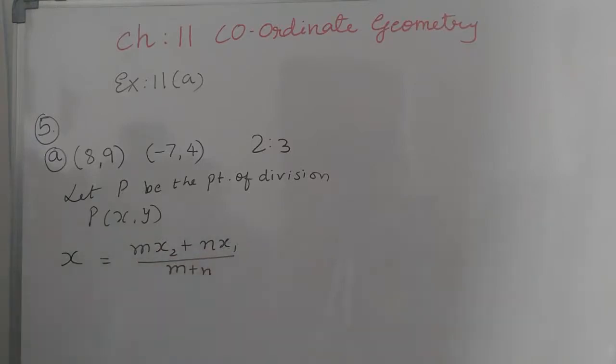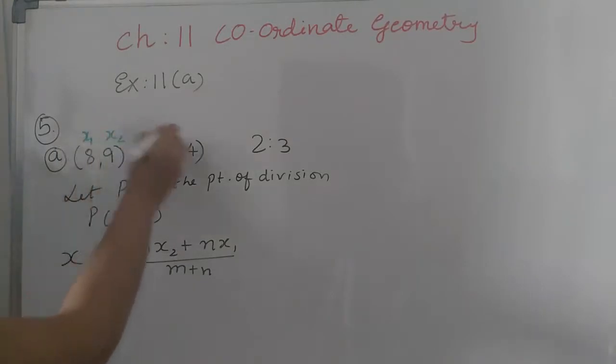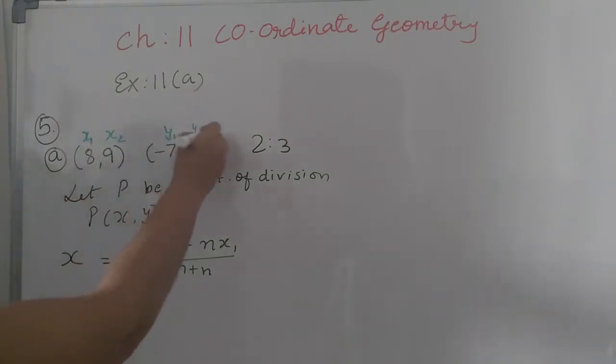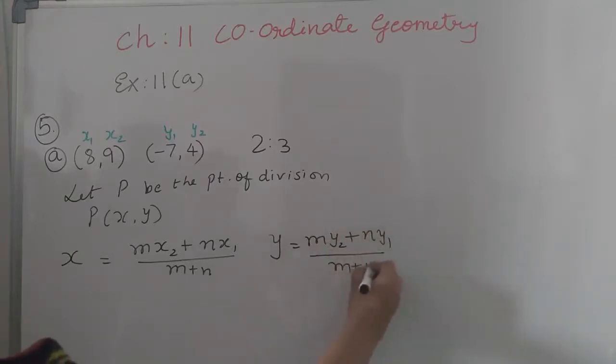Here m and n are the ratios and x1, x2 are the coordinates. These are the coordinates x1, x2 and these are y1, y2. And for the y coordinate, I substitute the formula (m y2 plus n y1) upon (m plus n). The formulas are the same type, only we have to substitute accordingly.